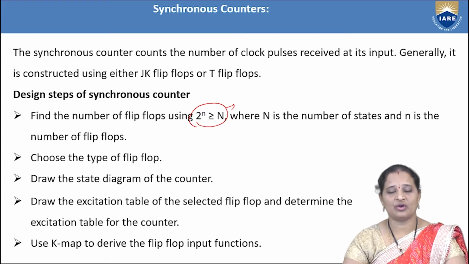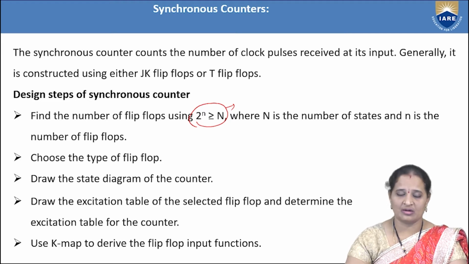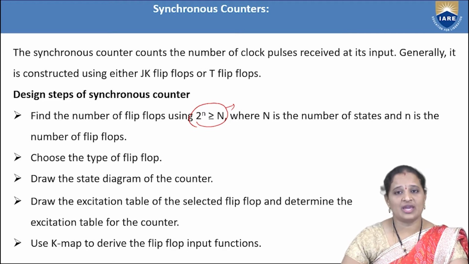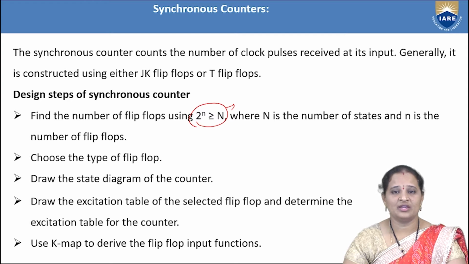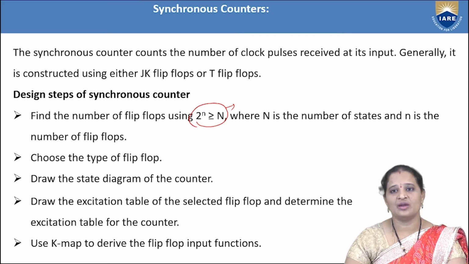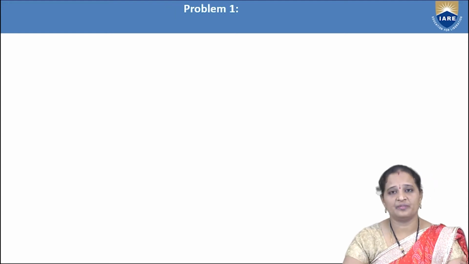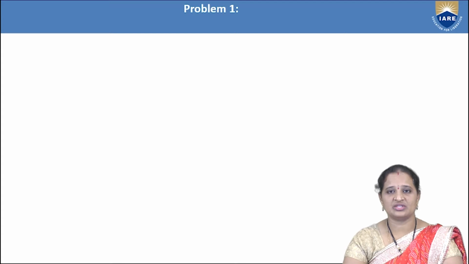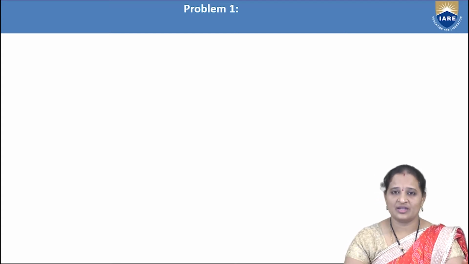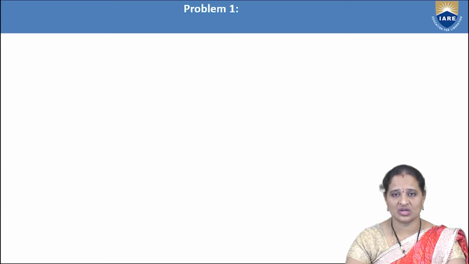After drawing the excitation table for the counter, use the K-map to derive the simplified input expressions for the flip-flop inputs. So these are the steps for designing a synchronous sequential circuit. What is the first step? Identify the number of flip-flops required depending on the number of states that the counter has to undergo.